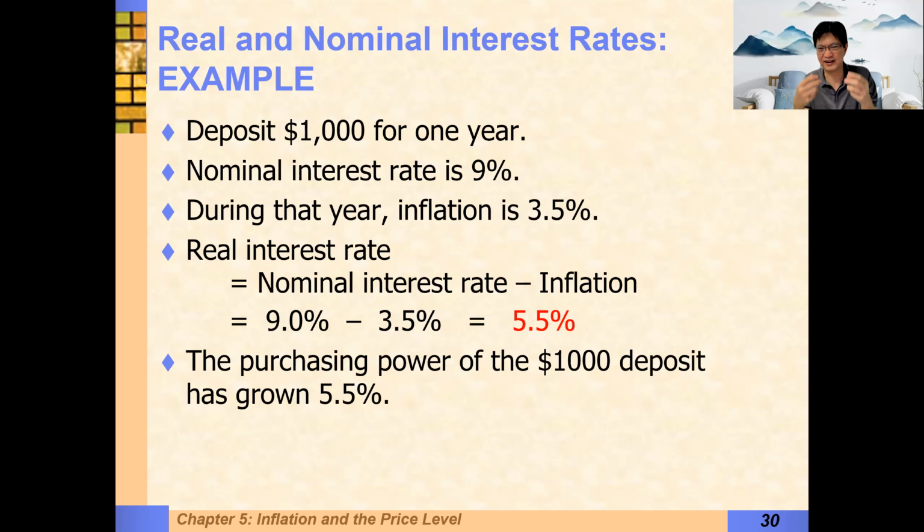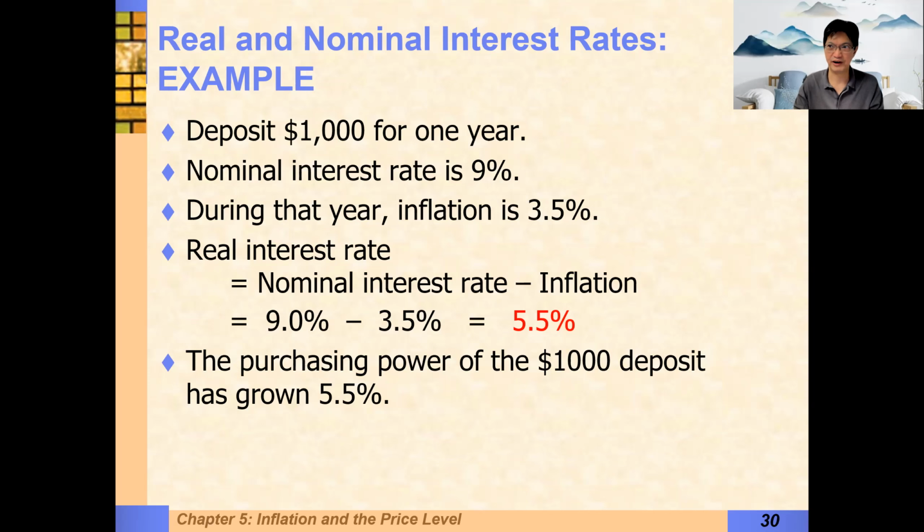We have to adjust for inflation, we have to deflate by 3.5%. It's rather about 1,055. So 1,090 at the end of the year can buy about 1,055 at the beginning of the year. So with my 1,090 at the end of the year, I've only gained 5.5%. So that is the real return on savings. That's the real return on capital.